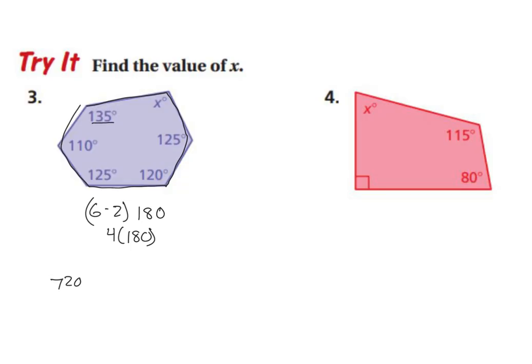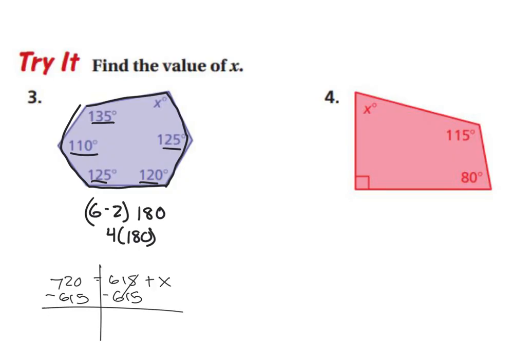And now we have to add up all the angles that we do know. 135 plus 110 plus 125 plus 120 plus 125. That all comes out to be 615. 615 plus x. Take away 615 from both sides. So we get 105 degrees equals x.